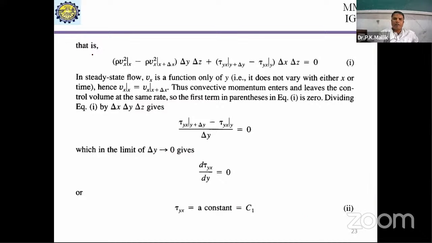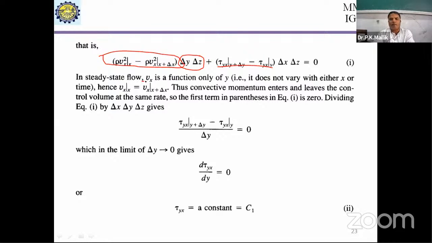So you can rewrite these equations. This is the difference between the convective momentum, and this is the area. This is the viscous momentum, equal to 0. So here you have to note down, in steady state flow condition, Vx is a function of only y.